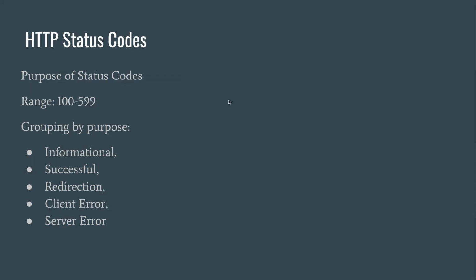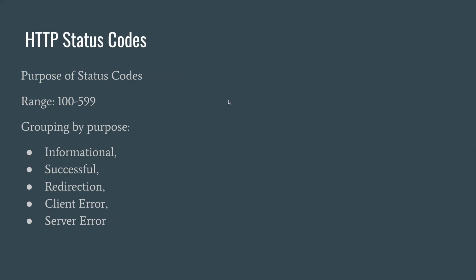HTTP status codes. HTTP status codes are a vital part of the response, and they indicate whether a request was successful. They range from 100 to 599, and these codes are grouped by their purpose. From 100 to 199, it's informational.